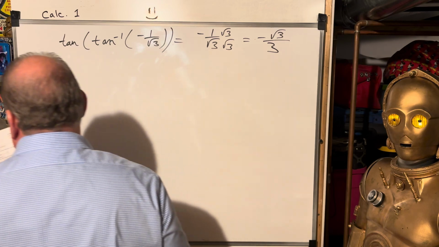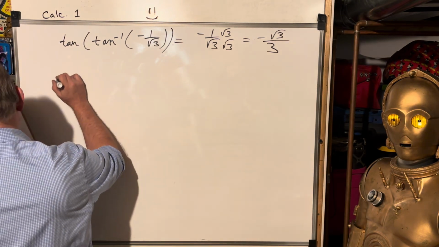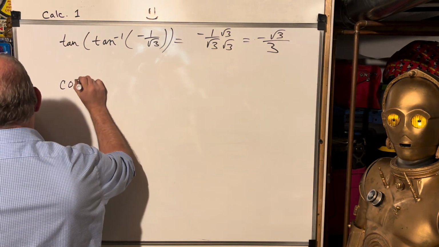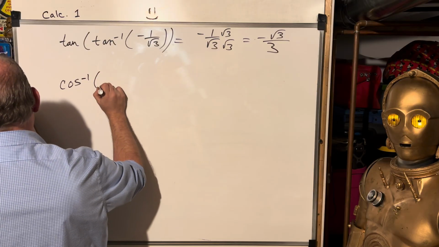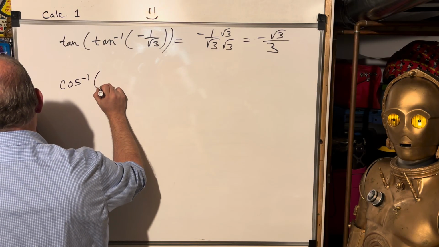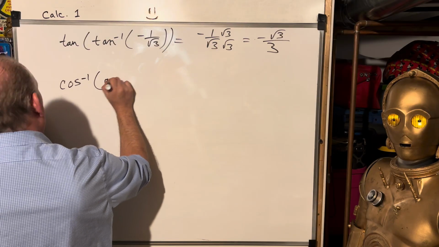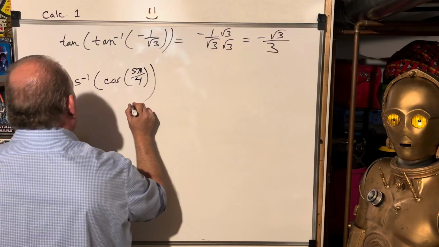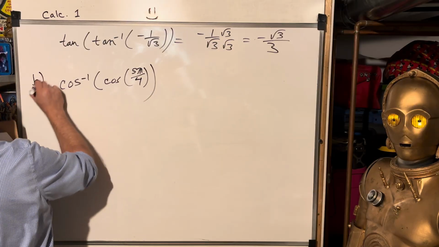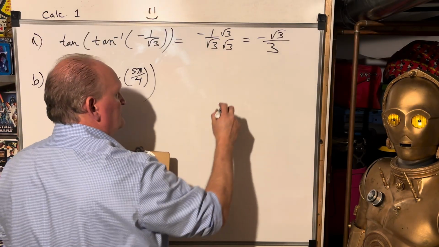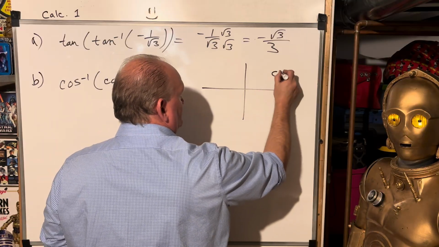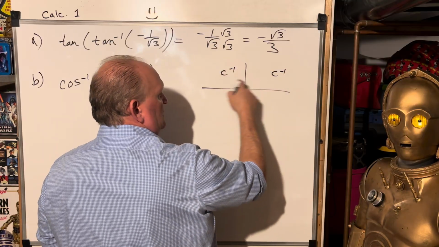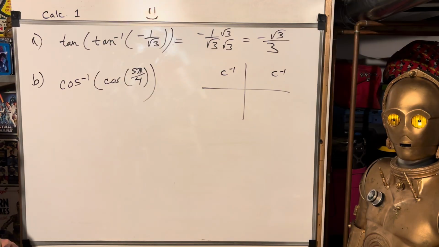So again, we're restricted in the domain. The arc cosine of the cosine of 5 pi over 4. But remember, our cosine is restricted to just the first and the second quadrant from 0 to 180, the principal values.